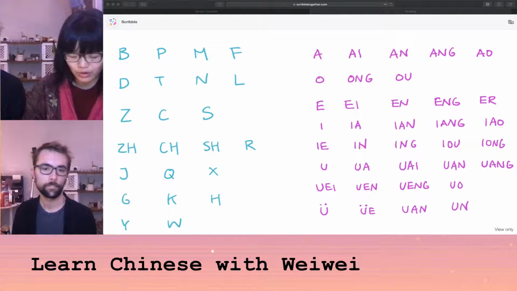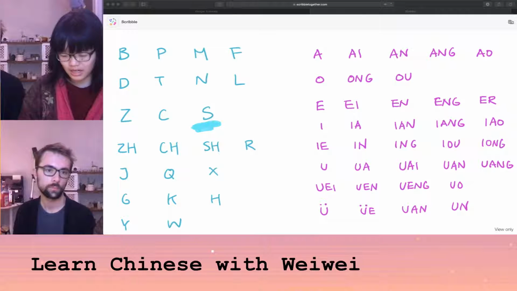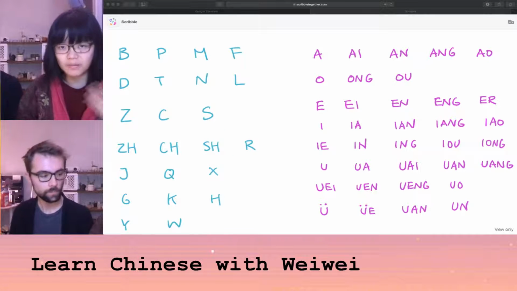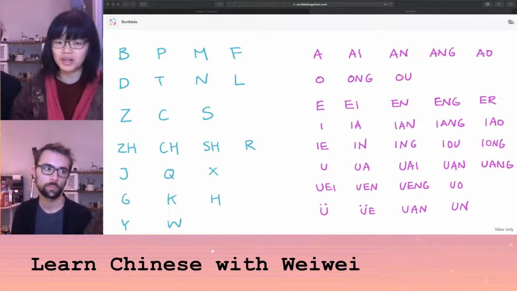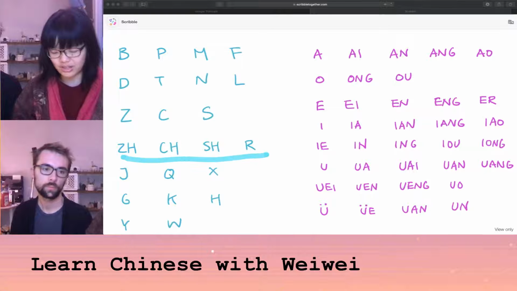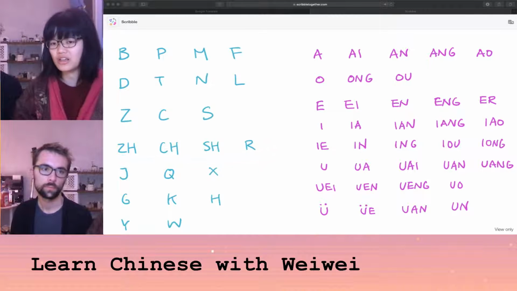For example, this one is Z, this one is C, this one is Ch, this one is S, and this one is Sh. It gets much better over time. The key is to keep on saying it out loud to become more and more familiar with it. These sorts of pronunciations are probably unfamiliar depending on what language you speak.